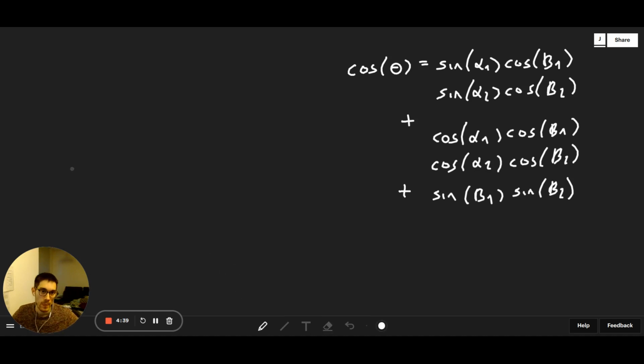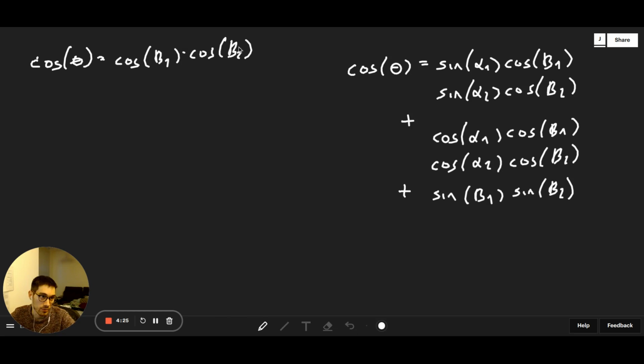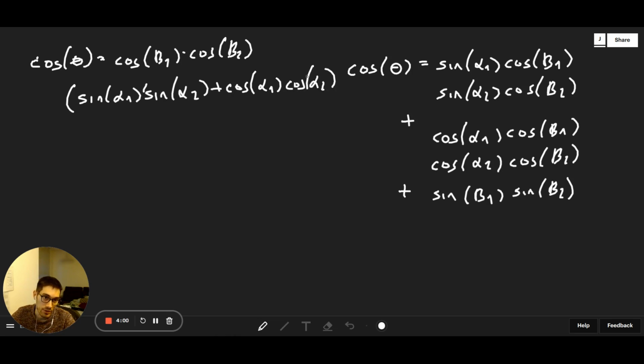So this will be cosine of theta, will be cosine beta 1, cosine beta 2, and then times sine alpha 1 sine alpha 2 plus cosine alpha 1 cosine alpha 2.